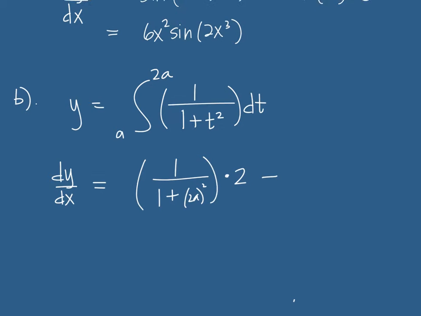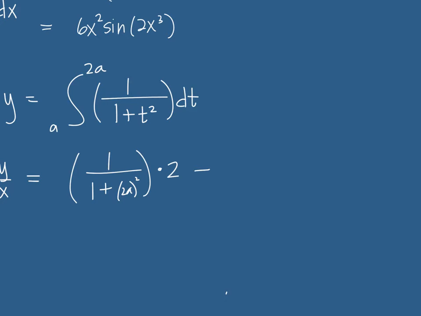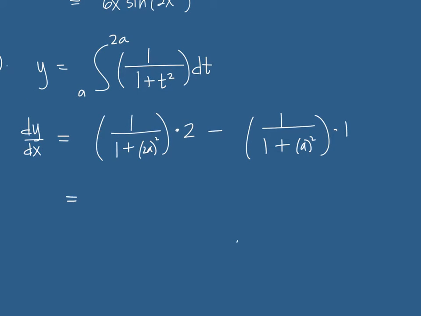Okay, minus the function again, 1 over 1 plus, and this time I replace t with the lower bound, which is just a squared, times the chain rule on that, which is just 1. So my result is 2 over 1 plus 4a squared minus 1 over 1 plus a squared. And that's my derivative.